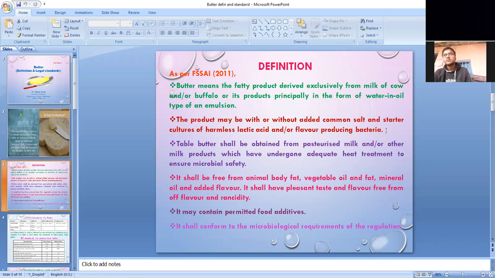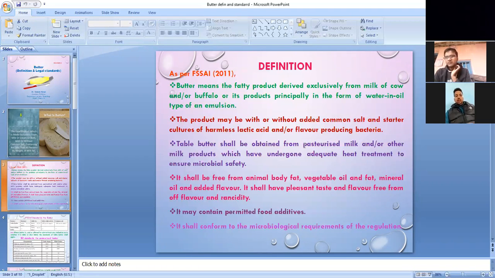Later on we will discuss the ripening of cream. Ripening of cream is done by using a starter culture in order to get more diacetyl compound in the flavor. The diacetyl compound is mainly responsible for the flavor. So what is table butter?